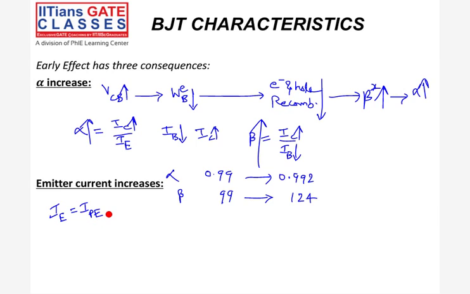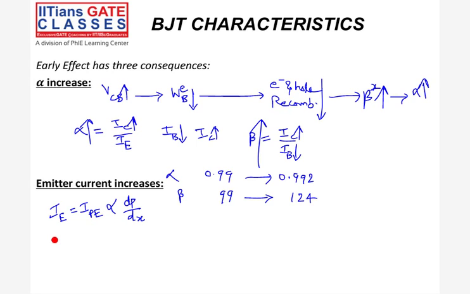So IPE will be directly proportional to dP divided by dx. That is for sure, IPE is directly proportional to dP by dx. This is the concentration gradient or majority carriers gradient in the emitter region. So that is this current.